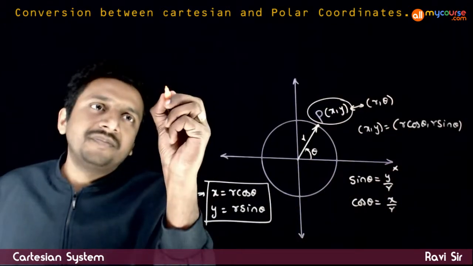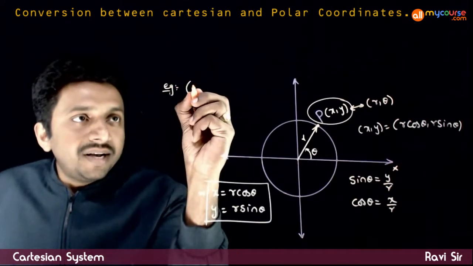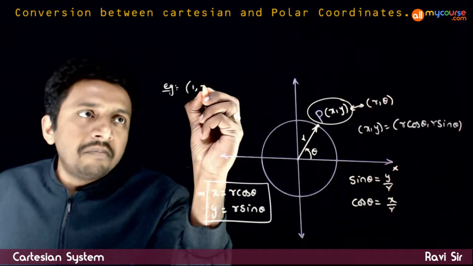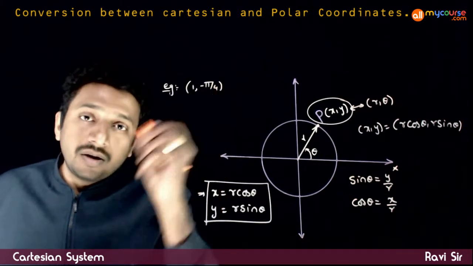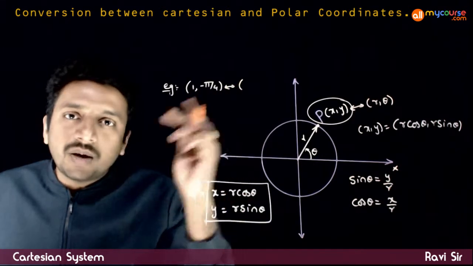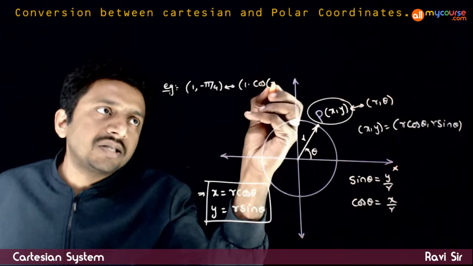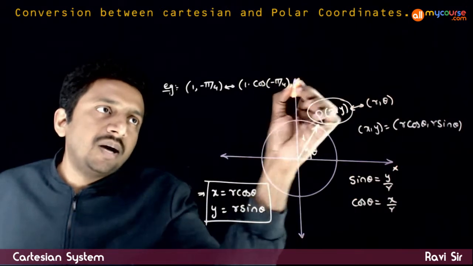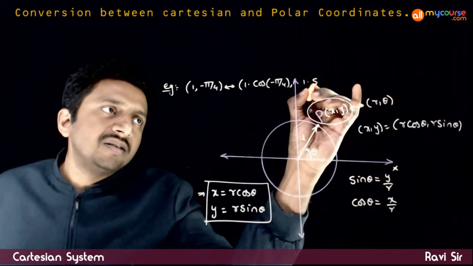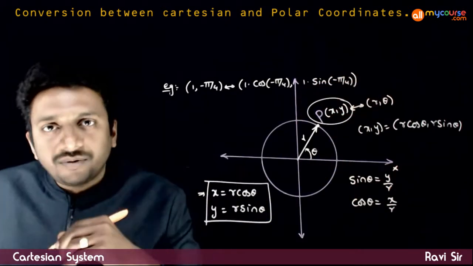For example, if you have the polar coordinates 1 comma minus pi by 4, which I have already discussed, the Cartesian coordinates of 1 comma minus pi by 4 is nothing but 1 times cos minus pi by 4 comma 1 times sine of minus pi by 4.